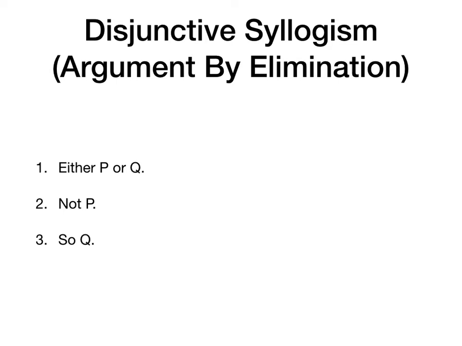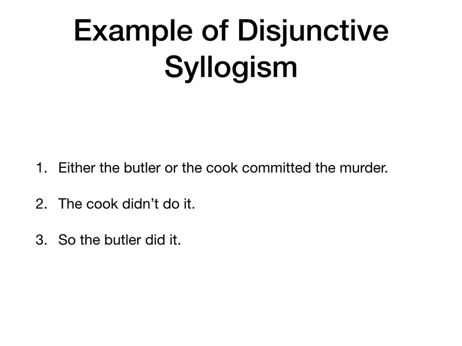It's just more complicated. You have to eliminate more cases. If it's either P or Q or R, then we've got to eliminate P and R before we get Q. Butler, cook, maid, his brother. Then we'd have to eliminate the cook, the maid, and the brother before we got to the butler.